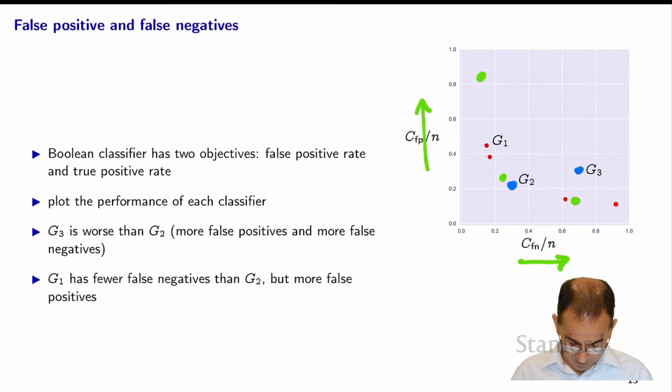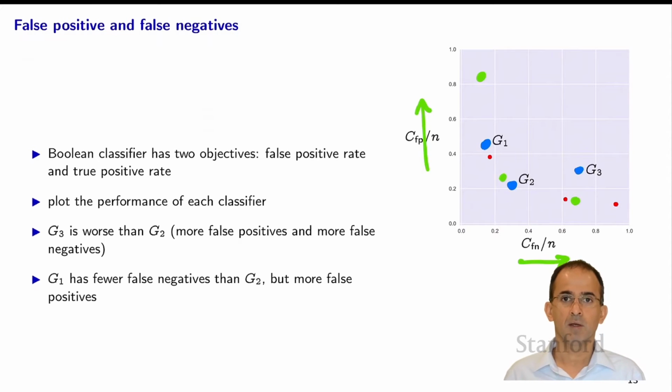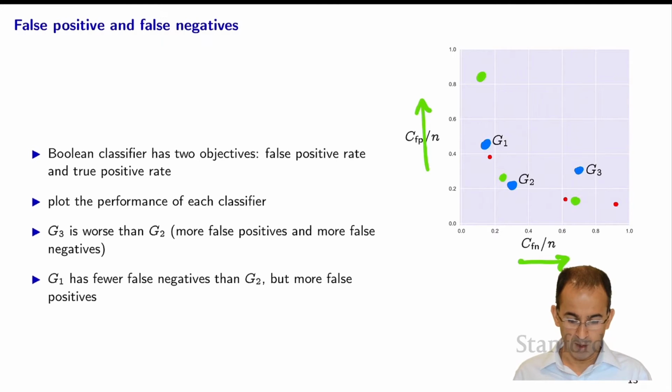If on the other hand we compare with G1, well, if I compare G1 with G3, well, G1 does better in the false negative rate, but worse in the false positive rate. And so I might well use G3 instead of G1.